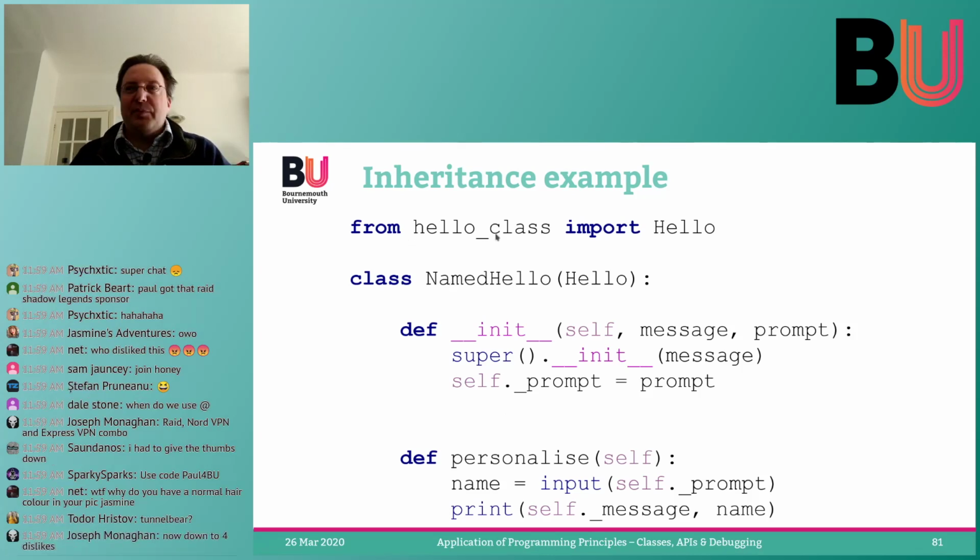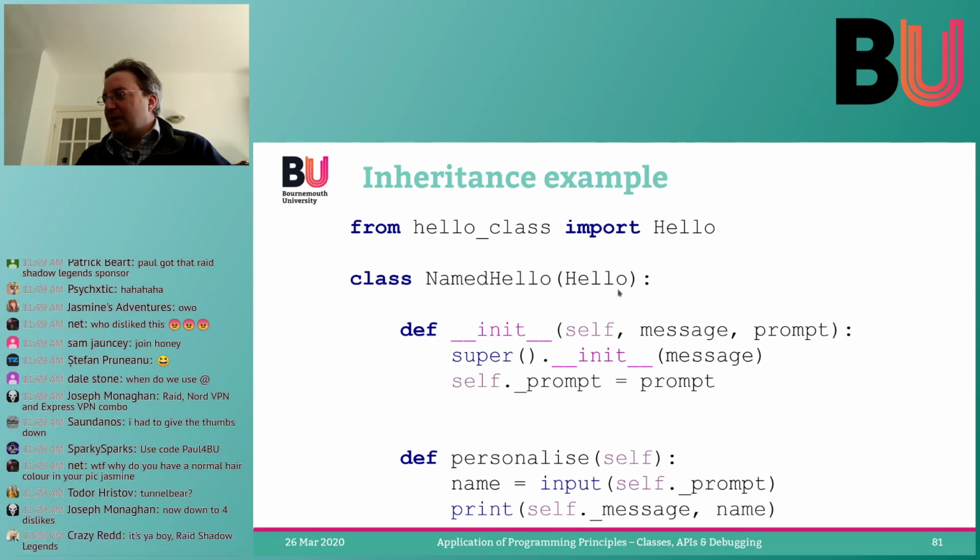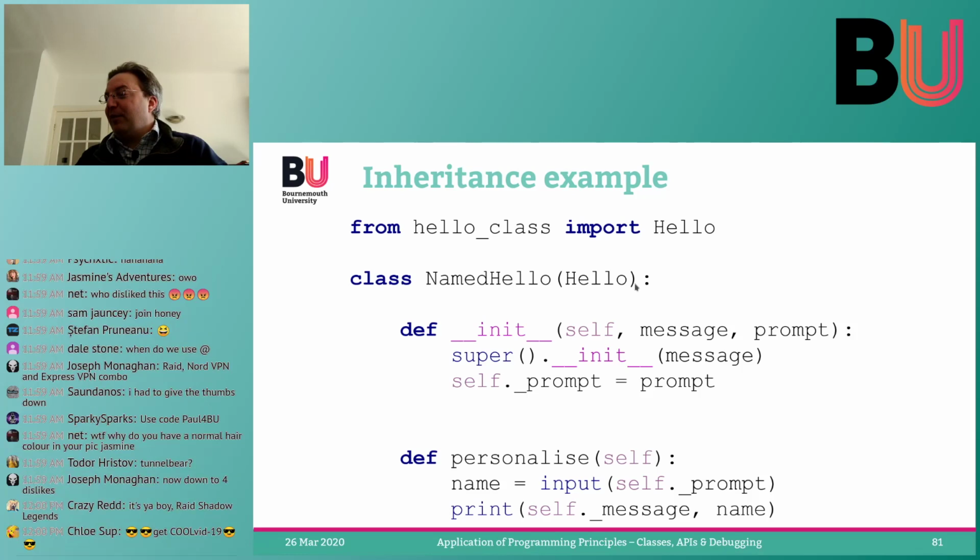Then we define a class named Hello, where we put the parent in parentheses. And now we can have a constructor that takes two parameters, message and prompt.